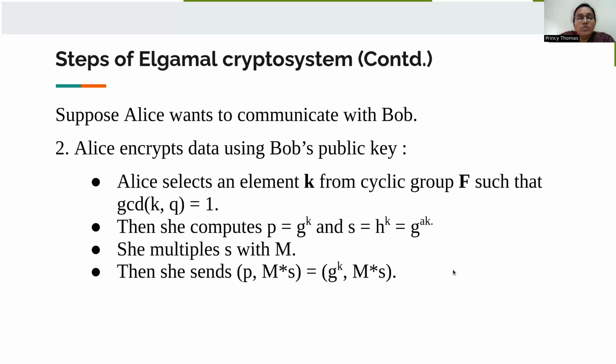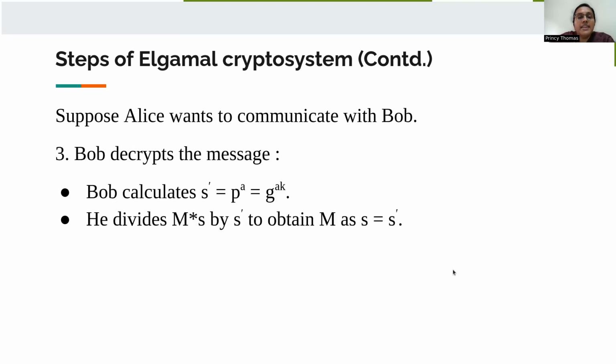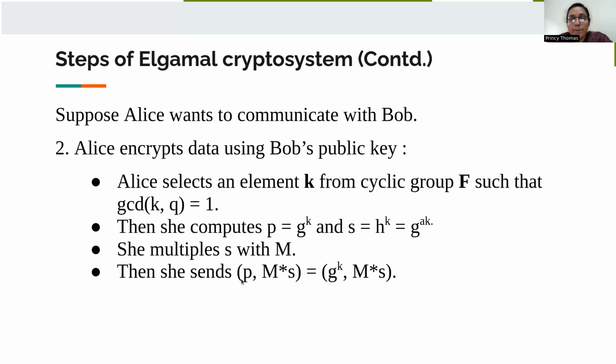Okay, now both of them have generated their keys for the encryption. And now when Bob receives the message, what does Bob receive? Bob receives P, which is G raised to K, and M into S, which is equal to M into G raised to AK.